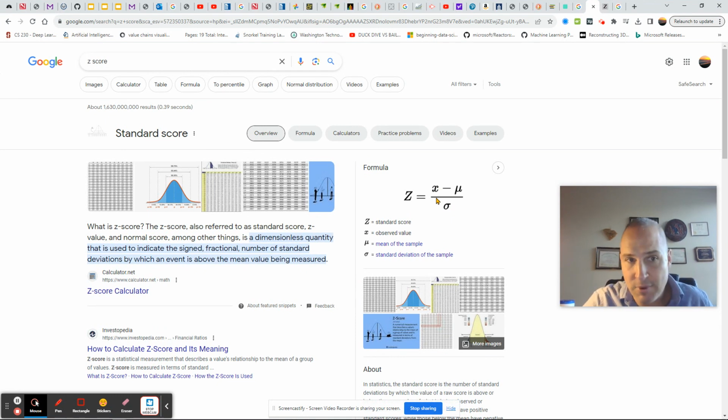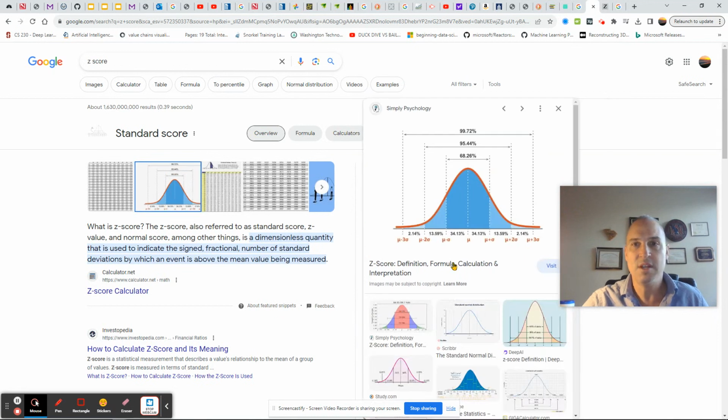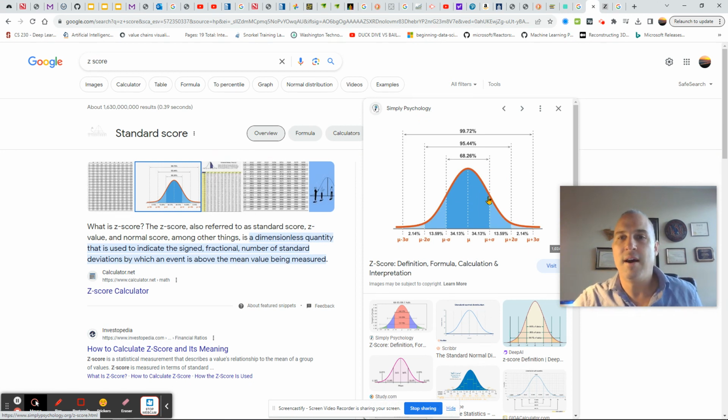And it becomes relevant because the normal distribution has very reliable characteristics in terms of its standard deviation. There's a certain area under the curve. Remember, the area under the curve of the distribution is actually a probability.